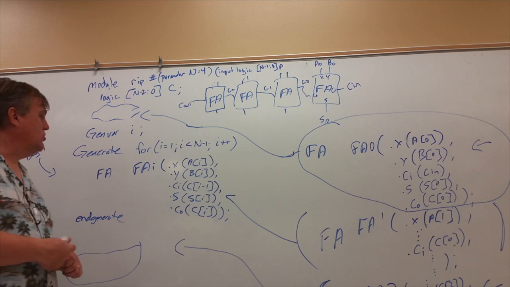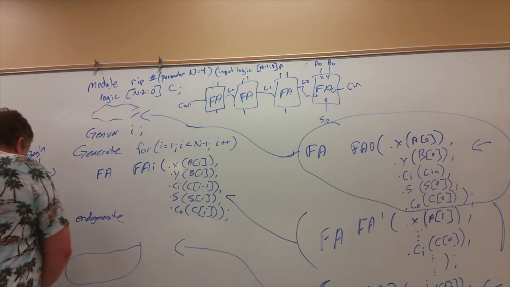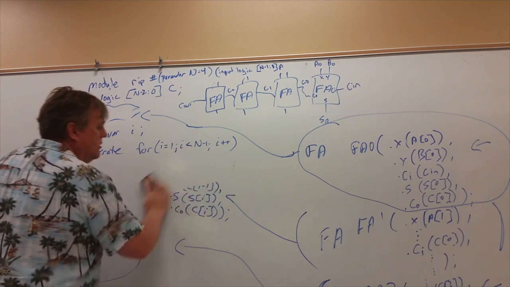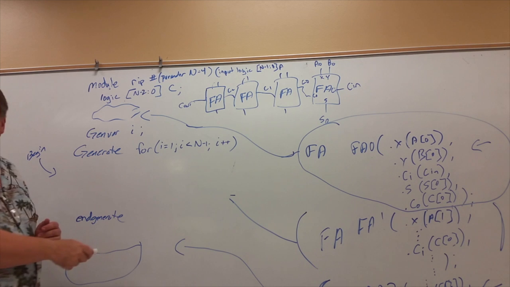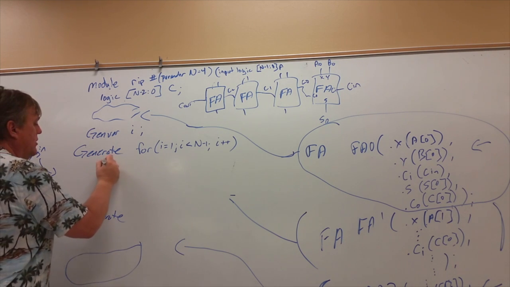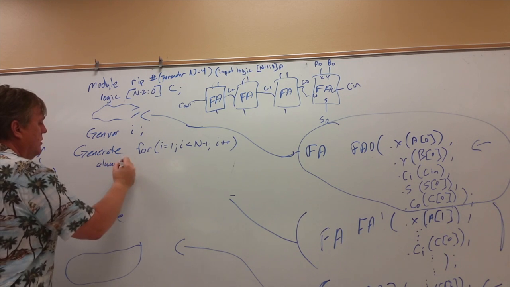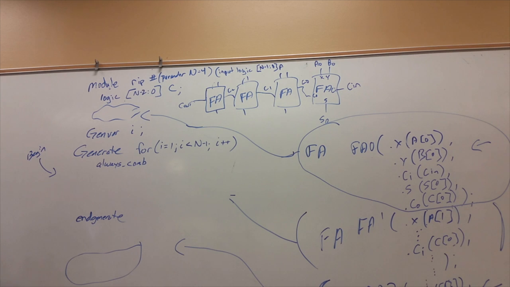So instead of this, inside, these would have been always blocks to describe those special cases, and inside here an always combinational logic.